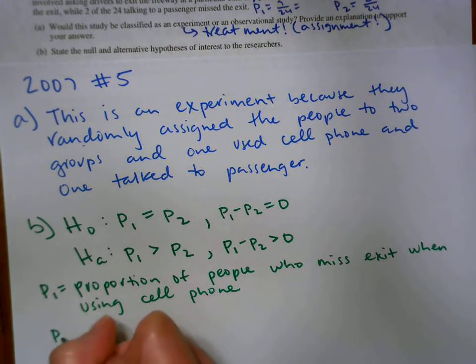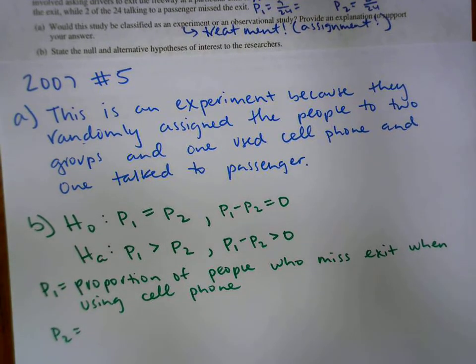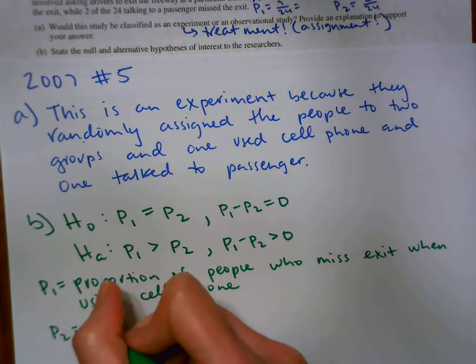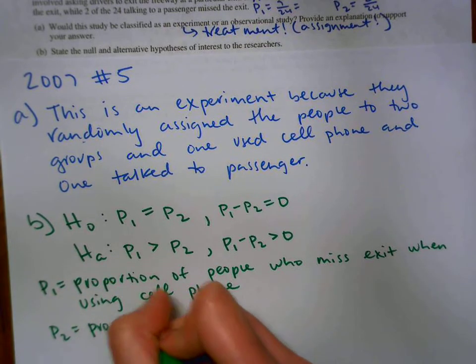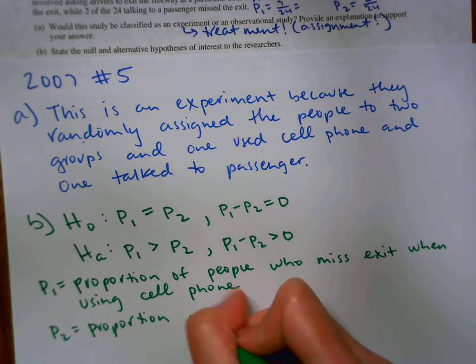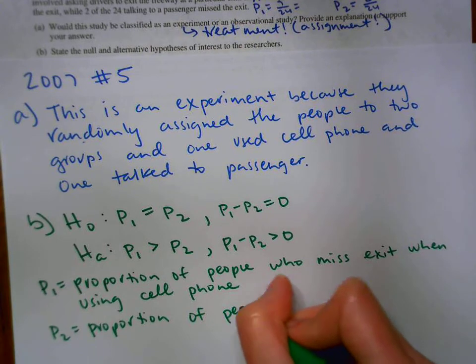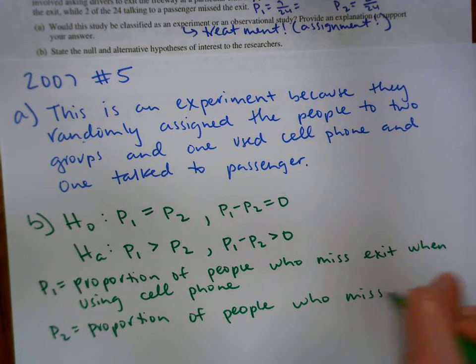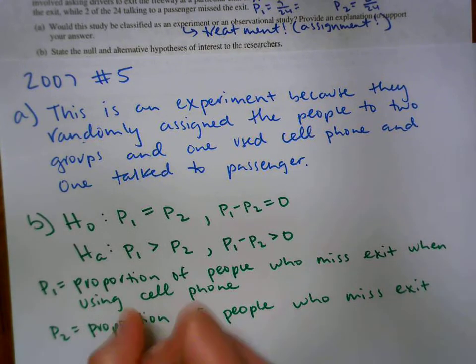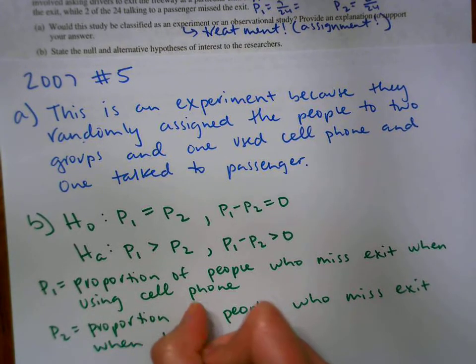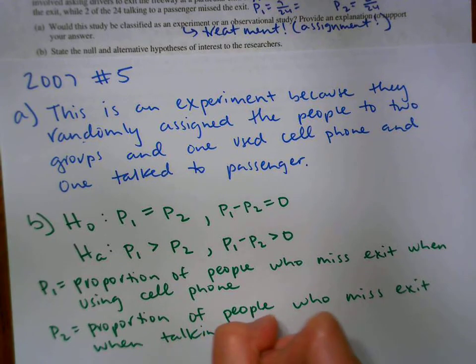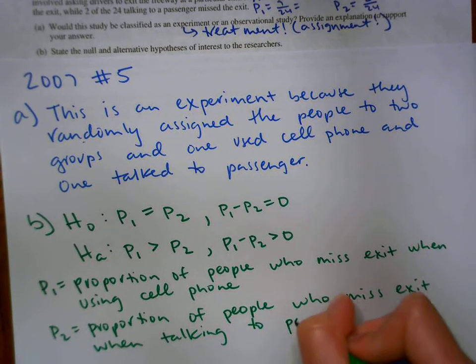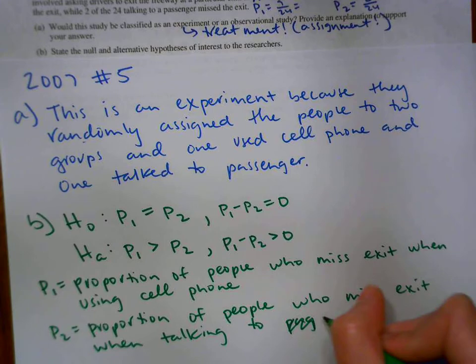And P2 is the proportion of people who miss the exit when talking to a passenger.